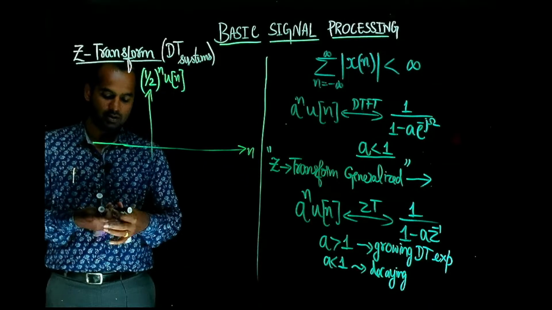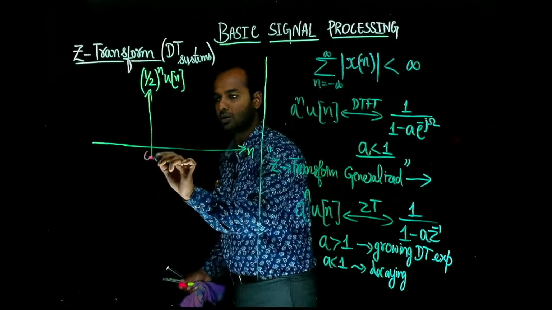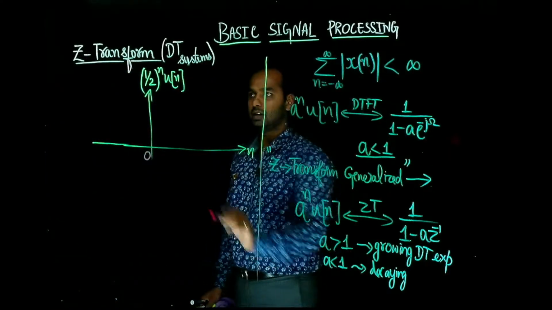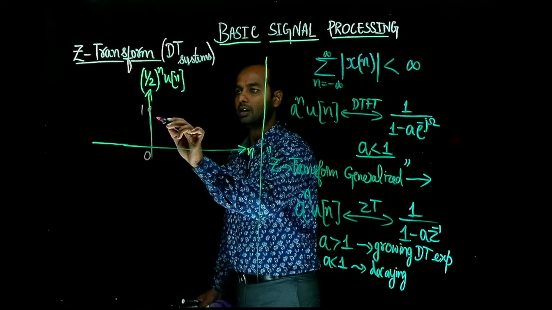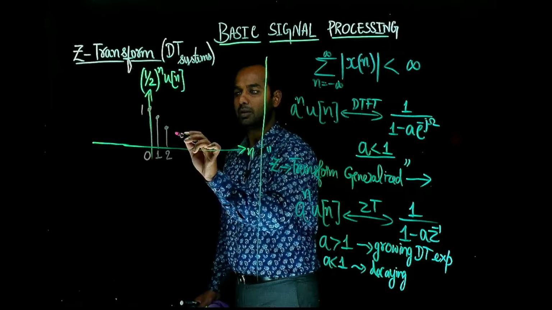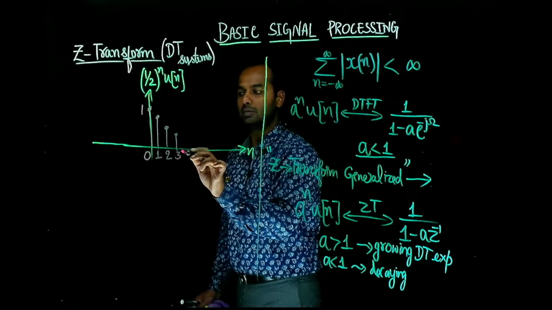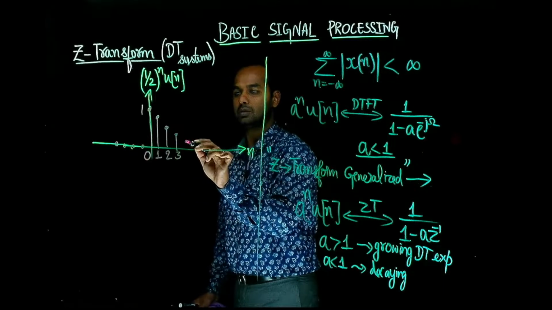The sample values from index 0 up to infinity will be in decaying form. At index 0, sample value is 1. At index 1, it is half. At 2, it is 1 by 4. At 3, it is 1 by 8. For negative time indices, the sample values are 0.